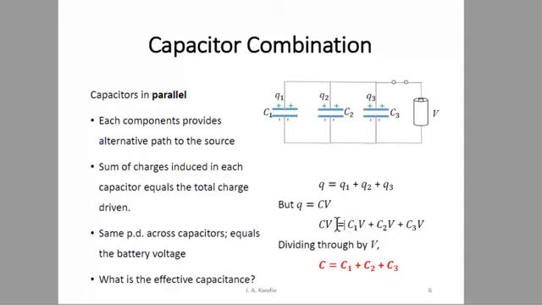So C1 times V. Remember, the V's are the same across all the capacitors, so you are not going to give it any subscripts. So C1V plus C2V, and so on. V is common to all the terms, so we divide through by V, and the equation is simplified. Very, very easy. What this is telling us is that these 3 capacitors can be replaced with an equivalent capacitance C, and it will perform the same function as all the 3 together.